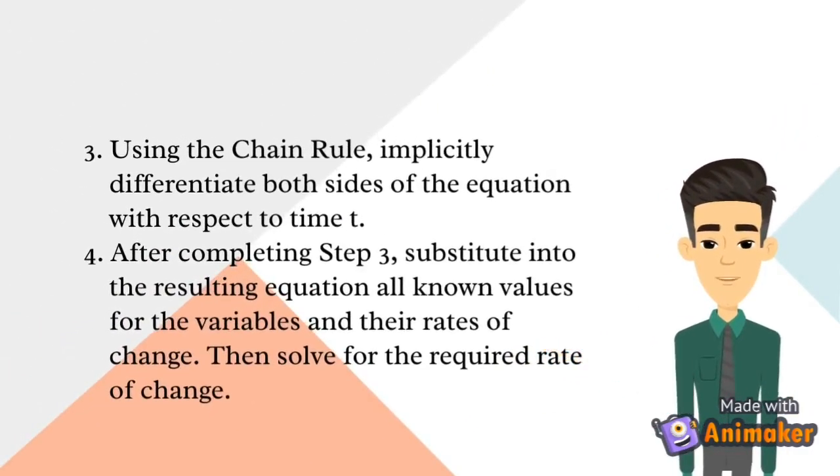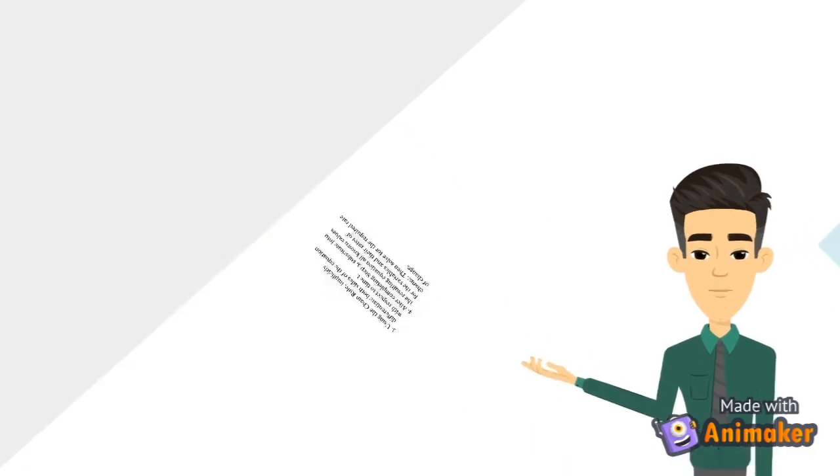Using the chain rule, implicitly differentiate both sides of the equation with respect to time t. 4. After completing step 3, substitute into the resulting equation the known values for the variables and their rates of change. Then, solve for the required rate of change.